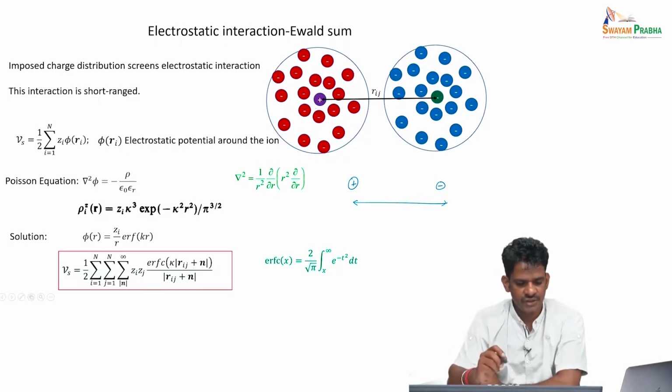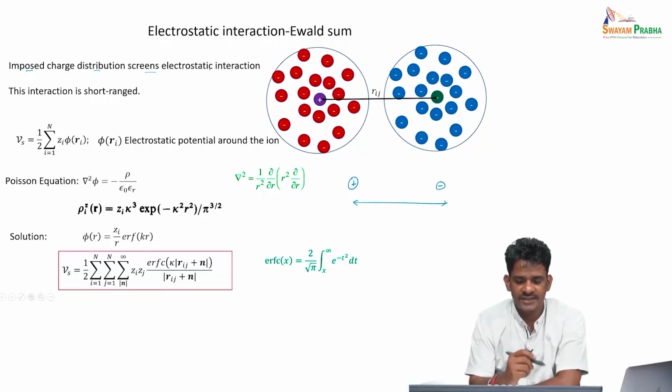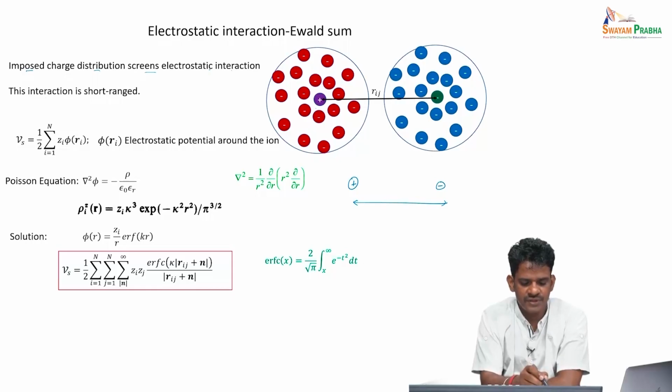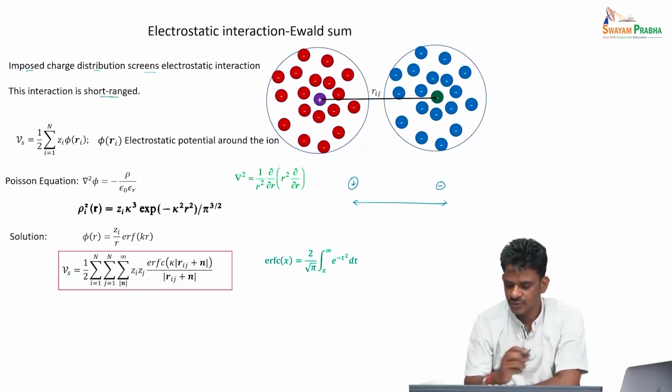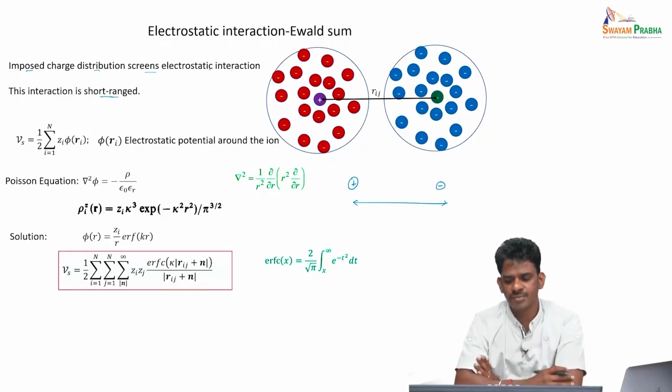So the imposed charge distribution basically screens the electrostatic interactions, and as a consequence, the interaction becomes short ranged. That is the importance of having an imposed charge distribution, which makes the long range interactions into short range interactions because of this electrostatic screening by the counter ion charge distributions.